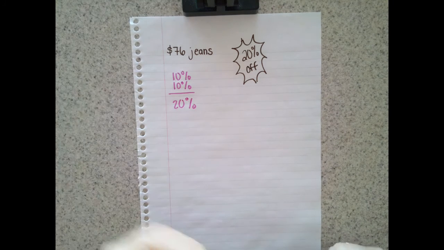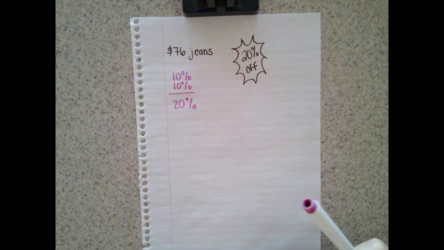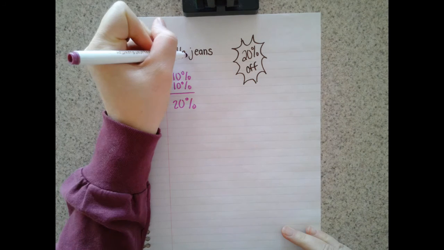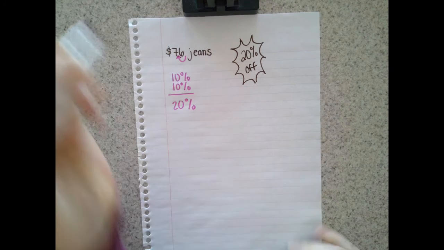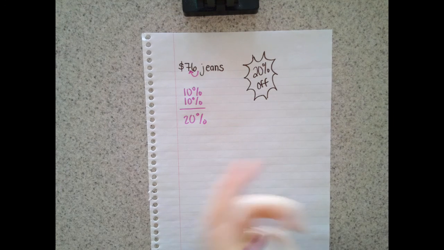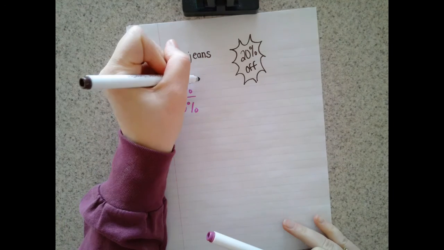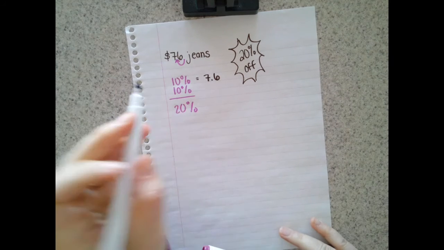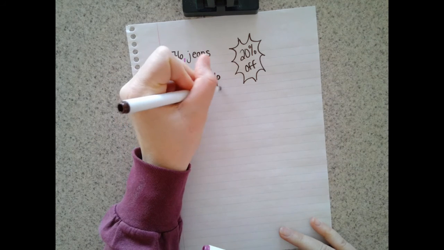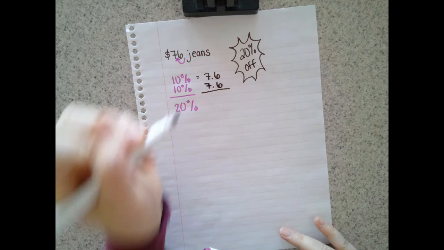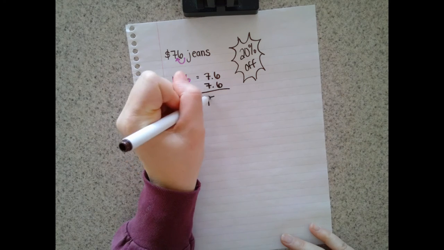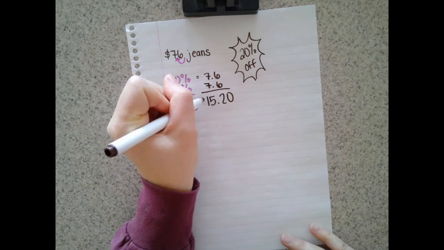Now we know how to deal with 10% from the last example. 10% of 76 means slide the decimal point one space left. 10% of 76 is 7.6. Take another 10%, another 7.6, and our total discount, doing some math here, would be $15.20.